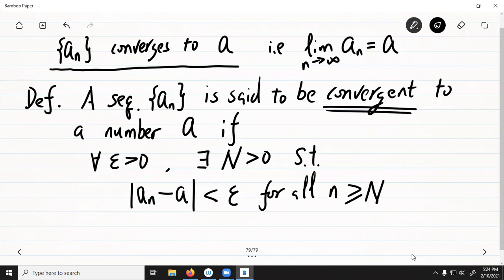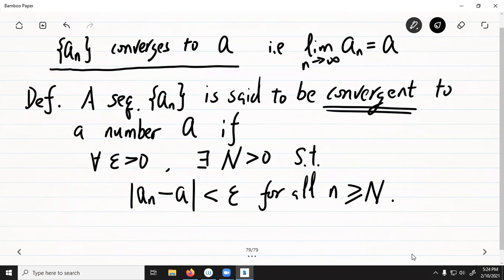So how can we explain it? For any epsilon greater than 0, you can take epsilon arbitrarily small.